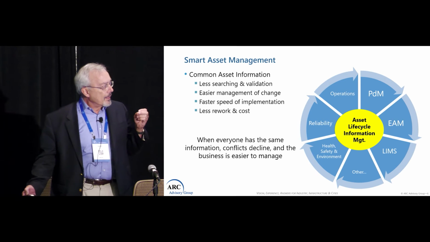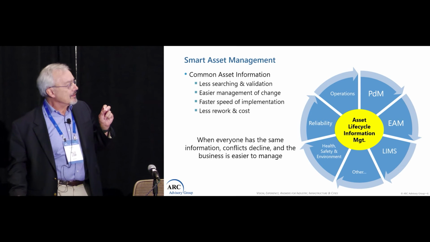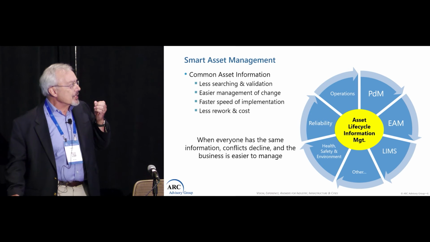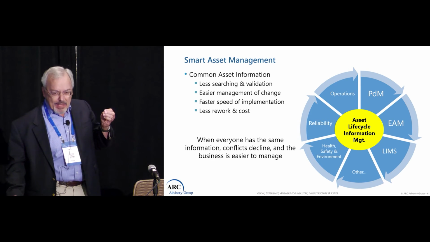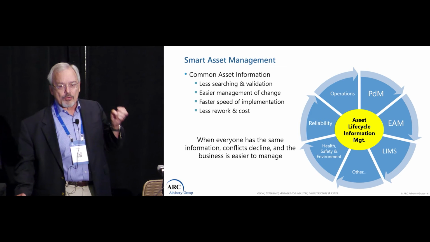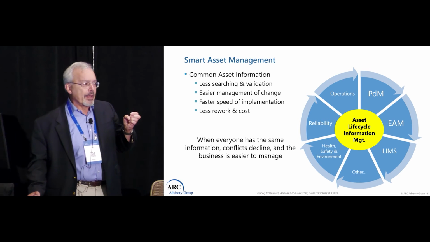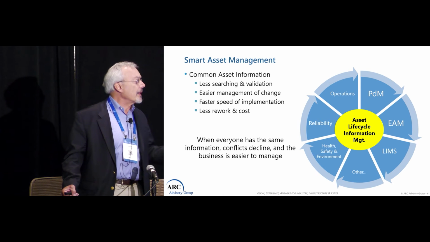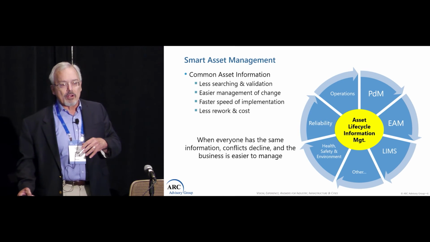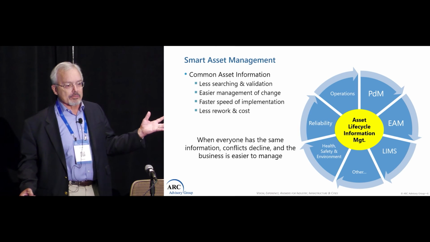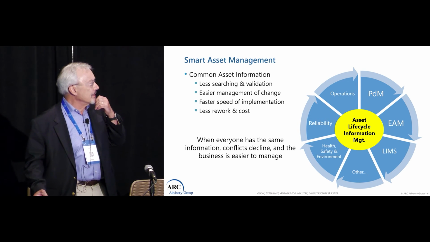So, last slide of mine before we turn it over to the next speaker. Smart asset management. I think the core of smart asset management is to have common data and common documentation across the silos so that one silo isn't using an out-of-rev document, an old document, while another one is using more current documentation, the old one causing rework or discontinuities between the groups.